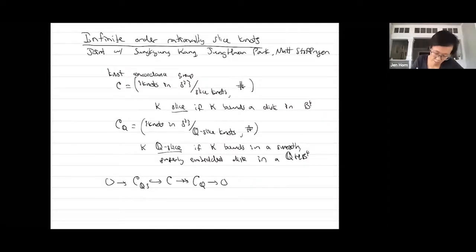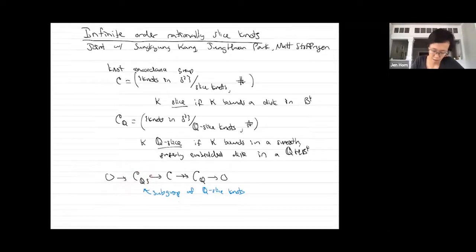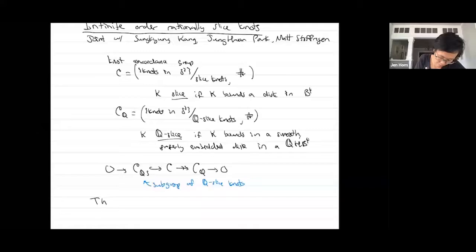This is the subgroup of rationally sliced knots, so these are knots that bound in a rational homology ball. And so the goal of what I want to talk about today is understanding this group of rationally sliced knots. The main theorem is the following.